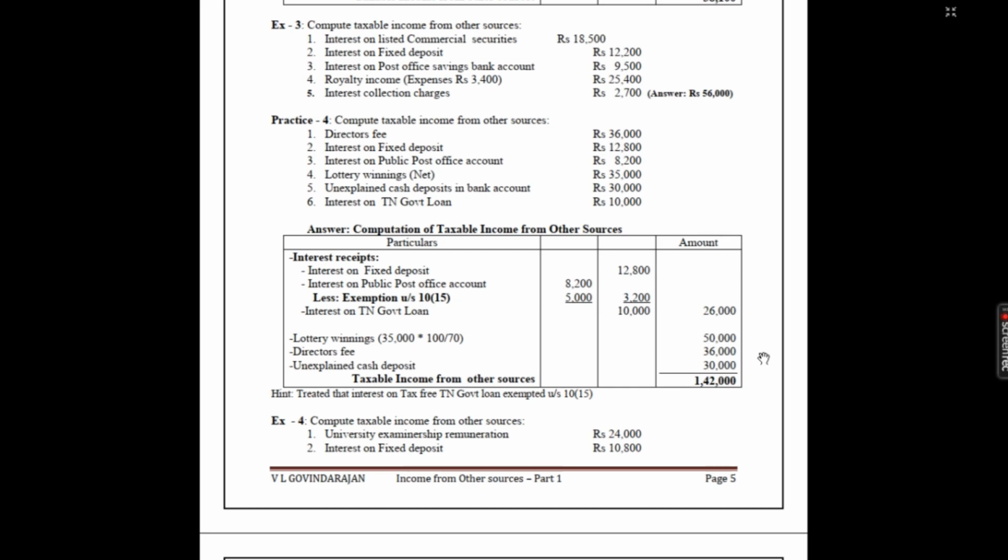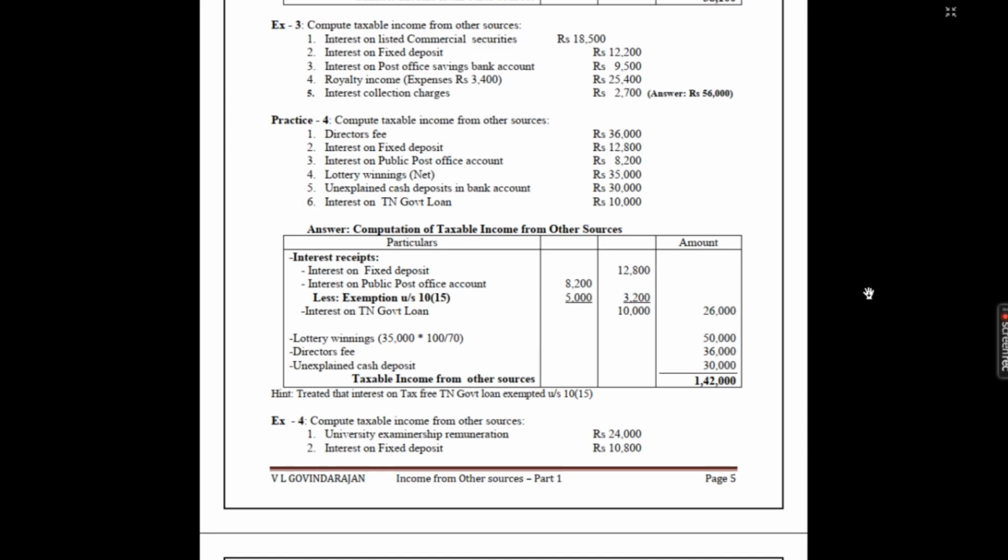Next is lottery winnings. It was a net amount, where for these cash incomes normally 30% will be deducted as tax. So now we have to gross it up: 35,000 into 100 by 70, 50,000. Next, director's fee is fully taxable. Unexplained cash deposit is also fully taxable.